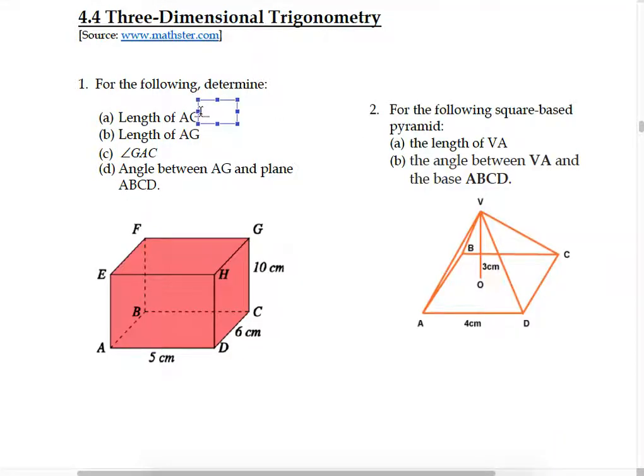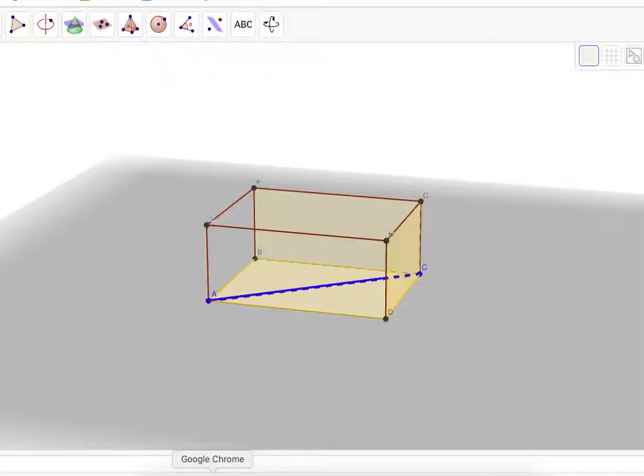So for AC the answer is 7.81 centimeters. All right, so now we are asked to find the length of AG.